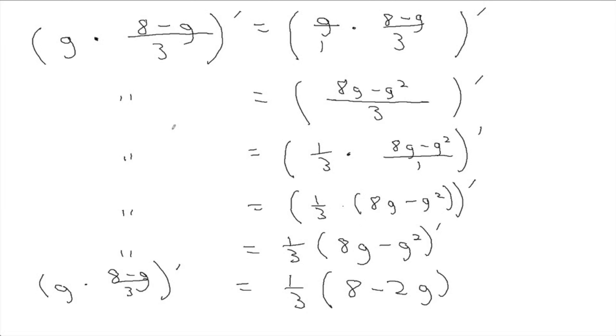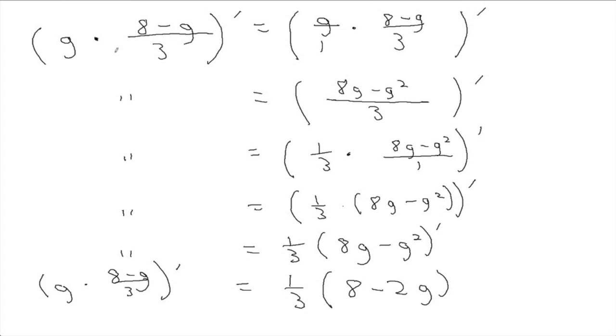So that's basically our goal with each of these expressions I'm giving you. The goal is to re-express this so it looks like a constant times a polynomial, and then we can use simple rules to take the derivative. So that's the key idea, so I'll just say that one more time.